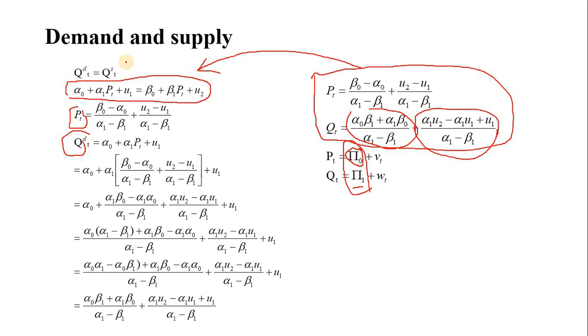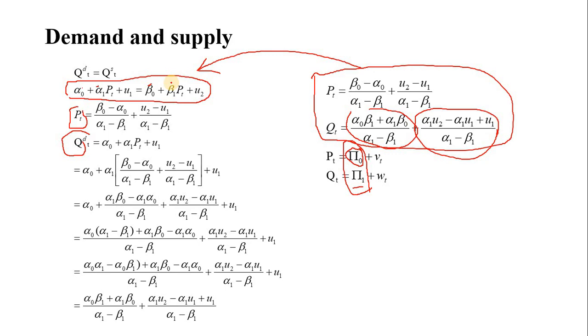But look at how many parameters are in the structural equation: alpha 0, alpha 1, beta 0, beta 1. We have four parameters in the structural equations, but in the reduced form there are only two parameters, so we cannot derive the four parameters of the structural equations.